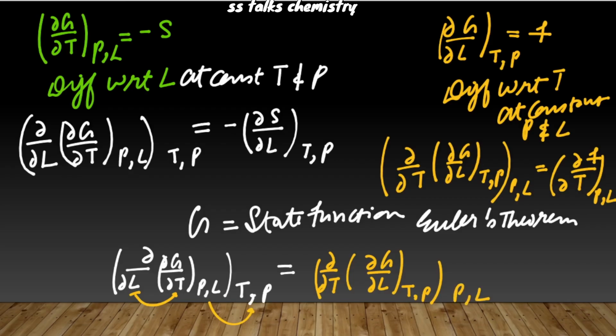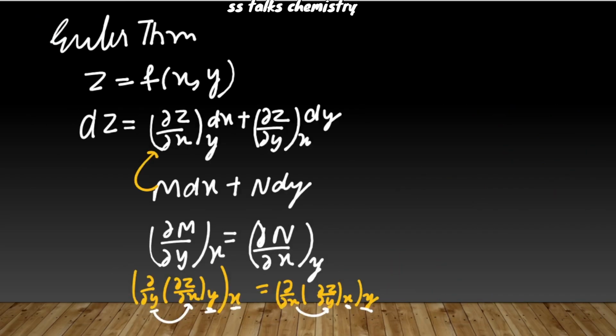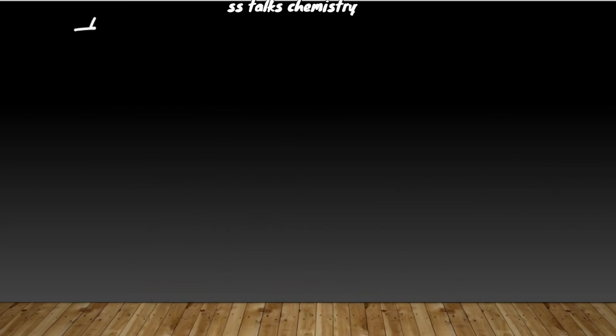Right. So from these two equations, you can label them as star and double star. The left sides of both, using Euler's theorem, you can see are the same. That means their right hand sides will also be equal.